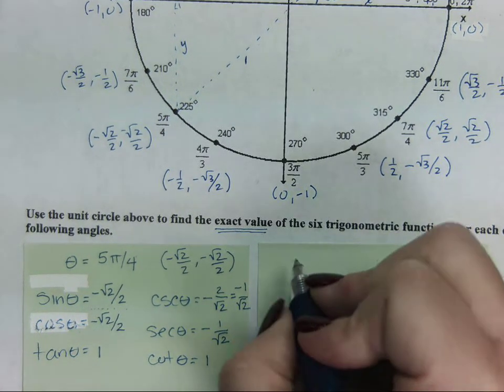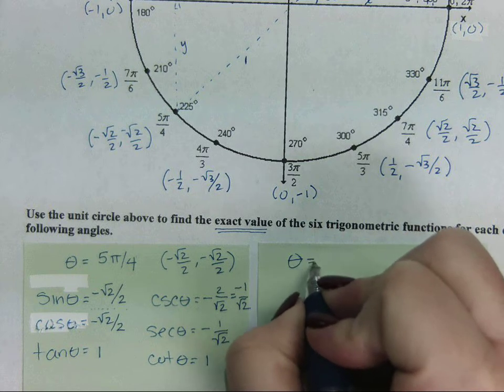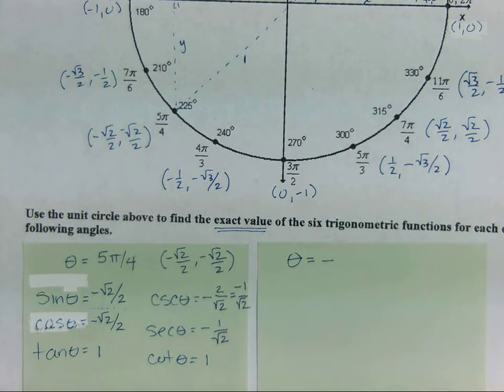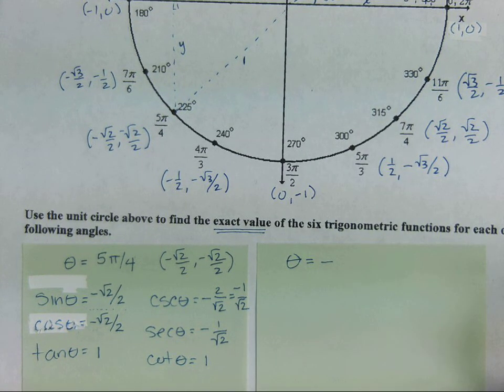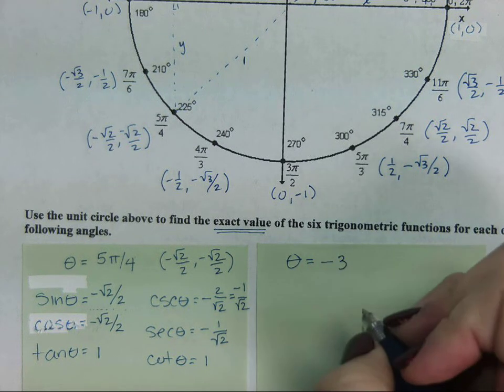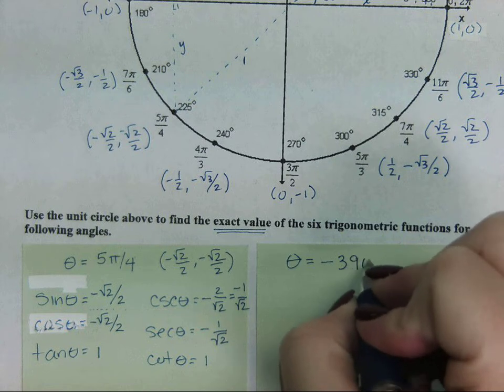You can do the same thing with degree measurements. And they can be negative. So say I want negative 390 degrees.